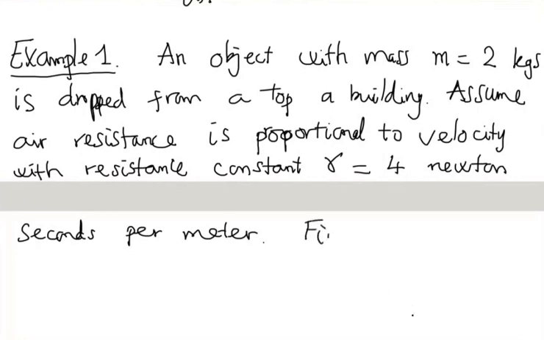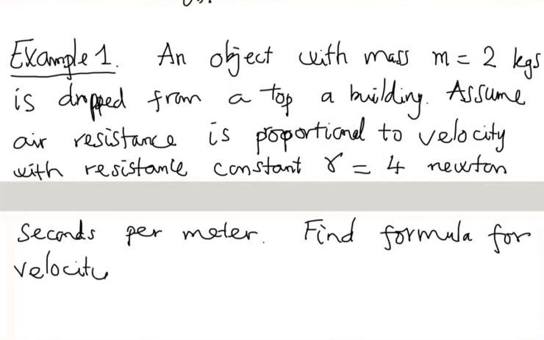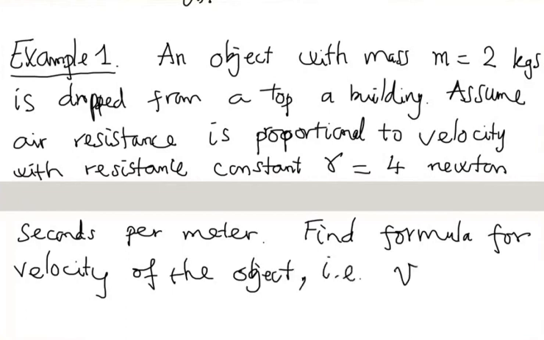Now the question is to find the formula for the velocity of the object. That is, we need to find a formula for v(t) at time t, where t is in seconds.